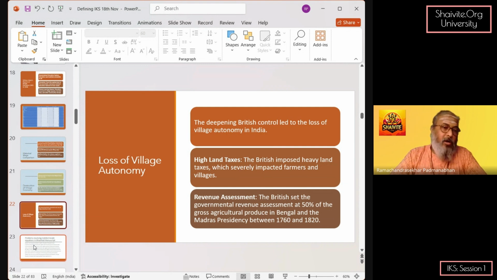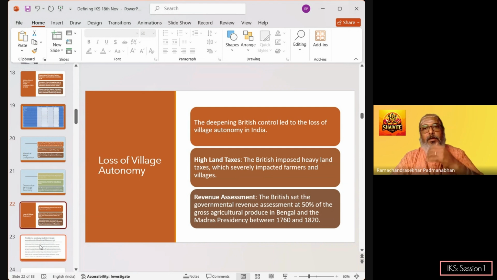So this loss of village autonomy, added to the fact of very high taxes at times, and also with the onset of the industrial revolution, India was not given its due share to contribute. All these contributed to the loss of civilizational continuity, or the knowledge systems.